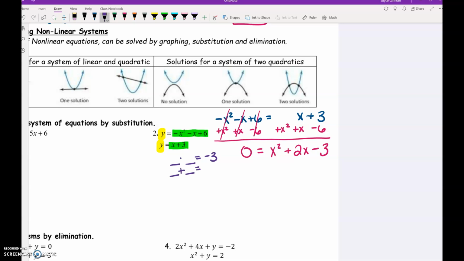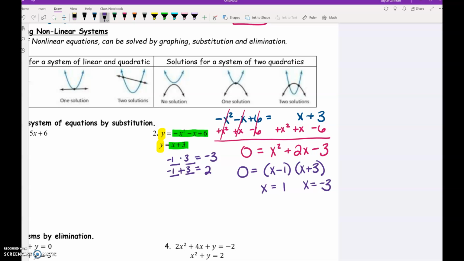Those same numbers need to add up to 2. That'd be negative 1 and 3. So the factored form is x minus 1, x plus 3. So what are our solutions? Positive 1, negative 3.